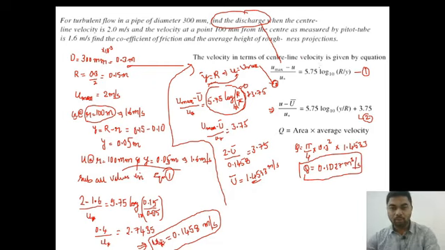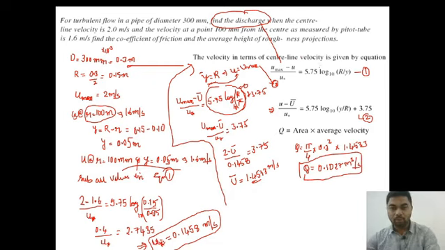So 1 by square root of 4 into 0.002 is 3.5355, minus 1.74, is equal to 2 log 0.15 by k to the base 10. Send this 1.74 and the 2 to the other side.